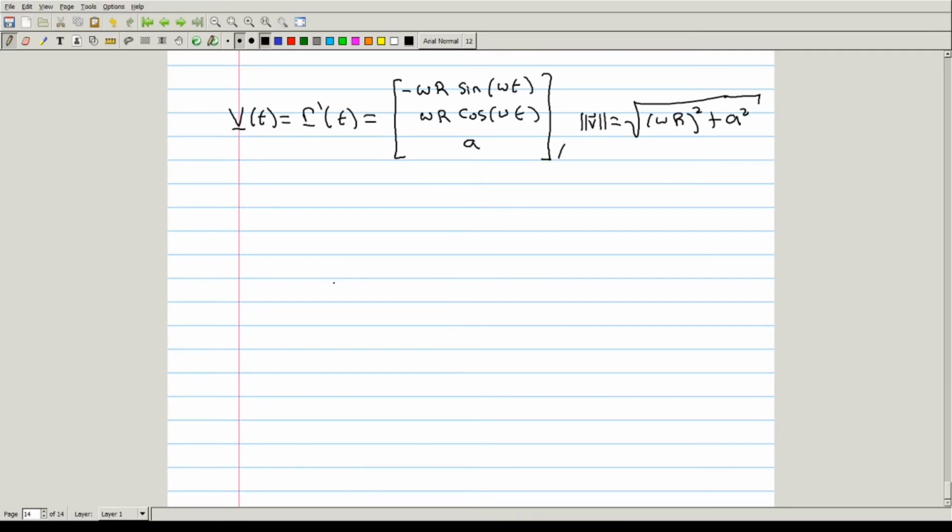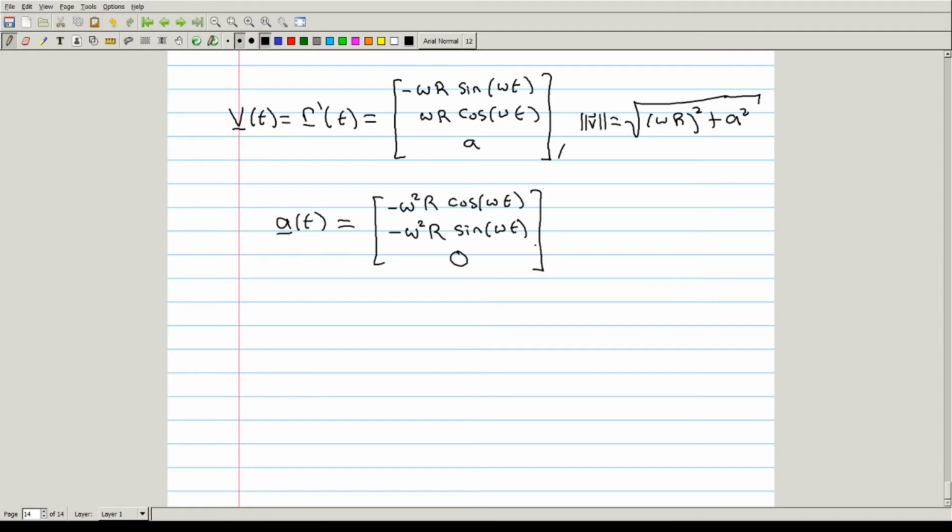And so the last thing that we need to compute using this curvature formula will be the acceleration vector, which will be the derivative of the velocity vector, which is going to be negative omega squared r times cosine of omega t, negative omega squared r times sine of omega t, and then the derivative of a is just 0.